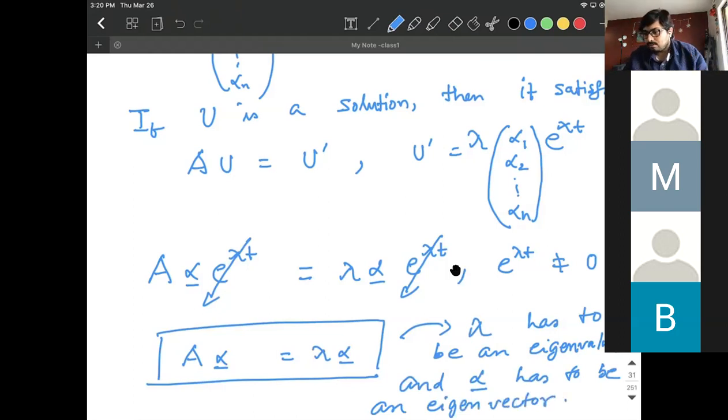If we want to solve a differential equation using this sort of functions, which are in a sense the standard functions that one uses, then these are the restrictions. Lambda has to be an eigenvalue, and the corresponding alpha under bar has to be an eigenvector. So the example that we did at the very beginning of this chapter is generalized here. What we did for that example is exactly similar to what we did here.